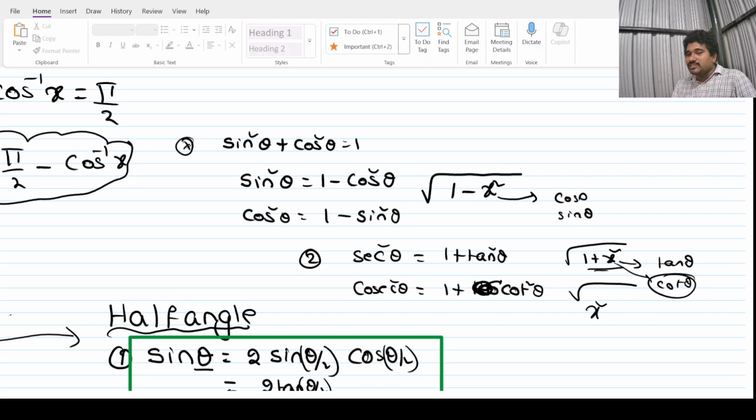Suppose it is x square minus 1 inside the root, then you should prefer x as secant or cosecant. Understand? I hope you got some kind of thinking ability. How it is and how to do it, that is what is needed here. When you have that ability, solving sums is nothing. Is that clear for everybody?